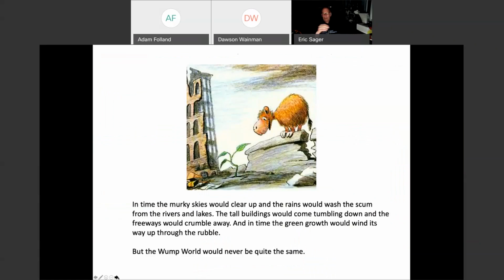They come out, and the book ends essentially with, in time the murky skies would clear up and the rains would wash the scum from the rivers and the lakes. Tall buildings would come tumbling down, and the freeways would crumble away, and in time the green growth would wind its way up through the rubble, but the Wump world would never be quite the same.